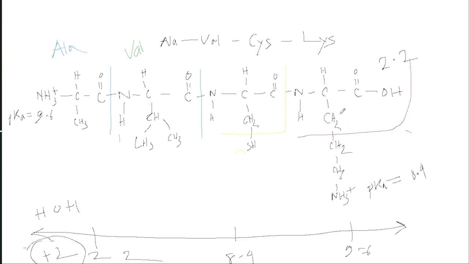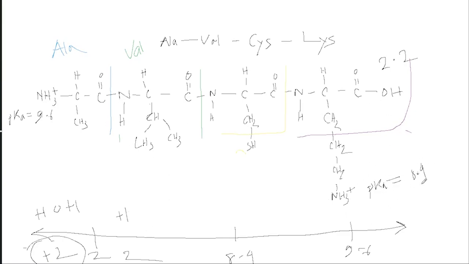Then this side chain, until it reaches a pH of 8.4, but a pH above 2.2 will make the carboxylic group throw away its proton. It will be deprotonated. So this group will be NH3 plus, so a plus 1.